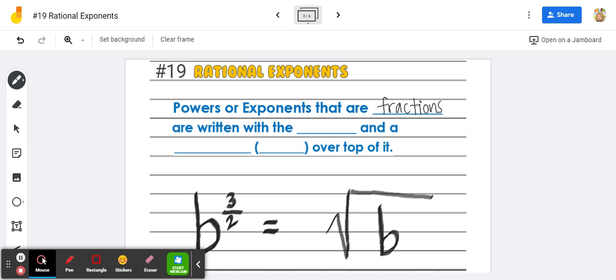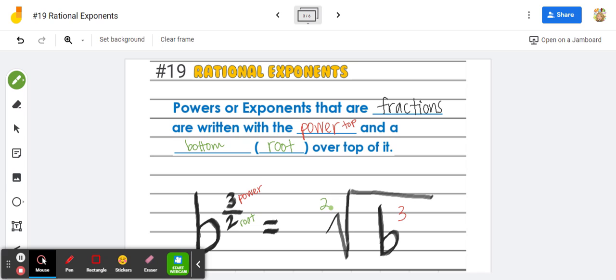So powers are exponents that are fractions. We can write with the power being on top and the root being on the bottom. So down below we have an example of b as our base to the power of 3 divided by 2. So that means the 3 is our power, the b is still our base inside the root symbol, and we also know that the root is 2.